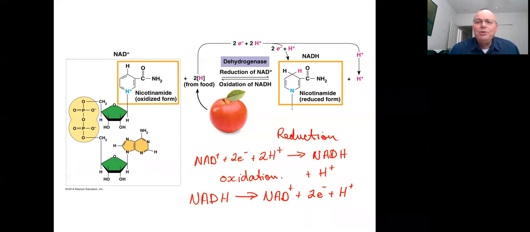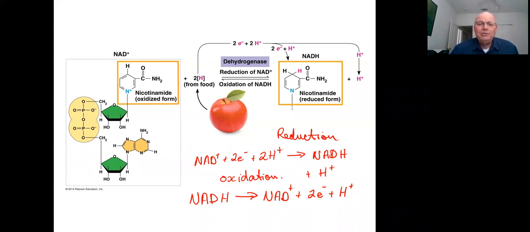You can't just move electrons around randomly. Because they contain potential energy, that means they're energetic, and that also means they're reactive. And unless you do something to keep them in a non-reactive form, but also in a high energy form, they're of no use to you for 2 reasons. Number one, they're going to give up their energy randomly. And number 2, that's going to do damage to cells.